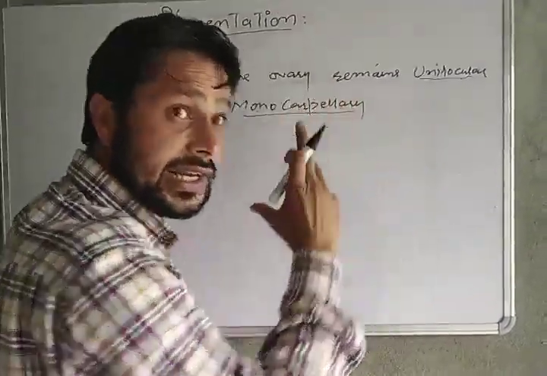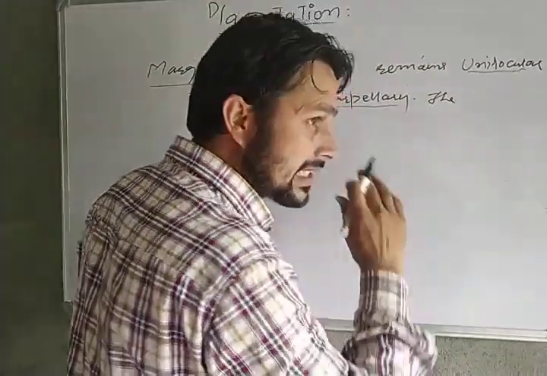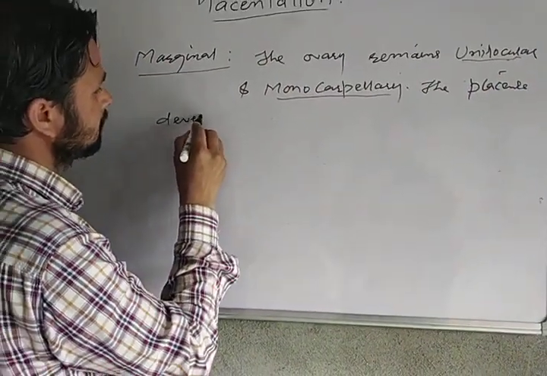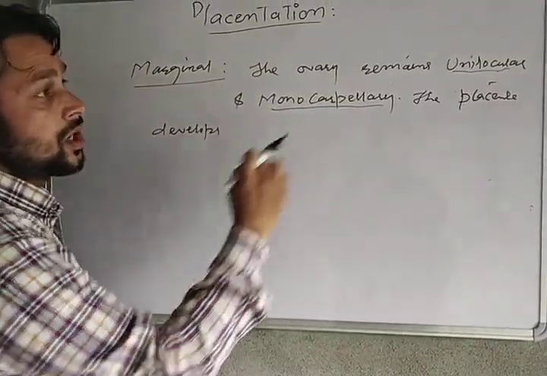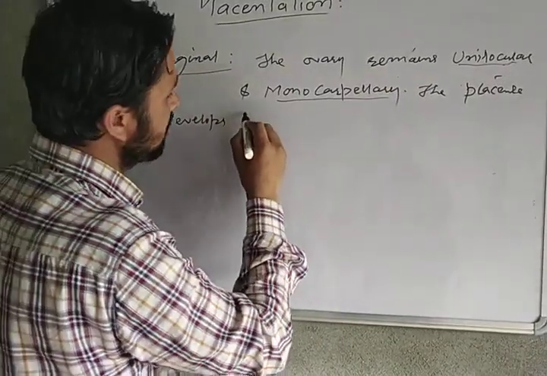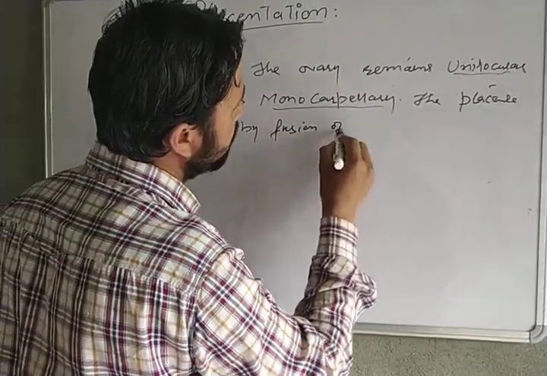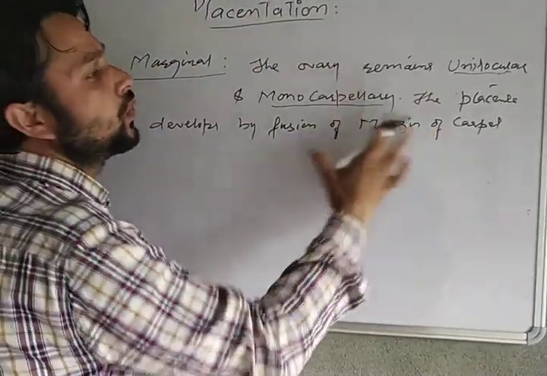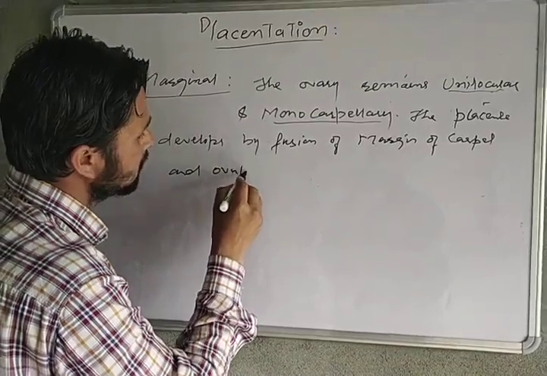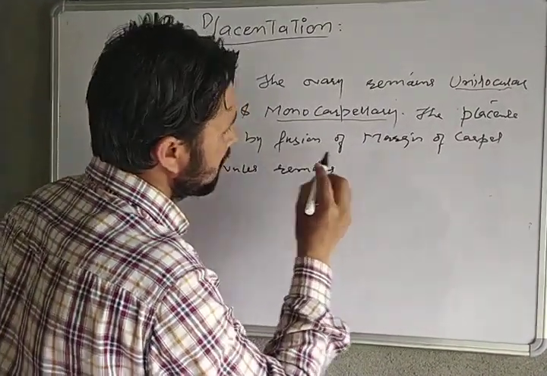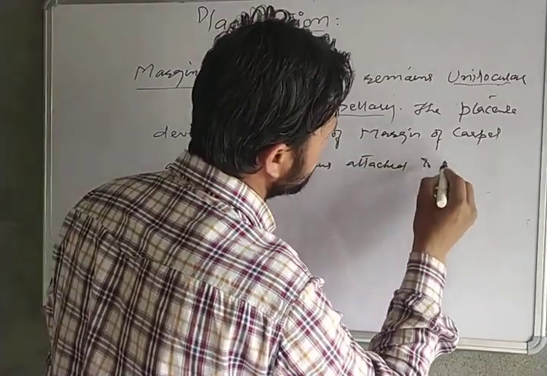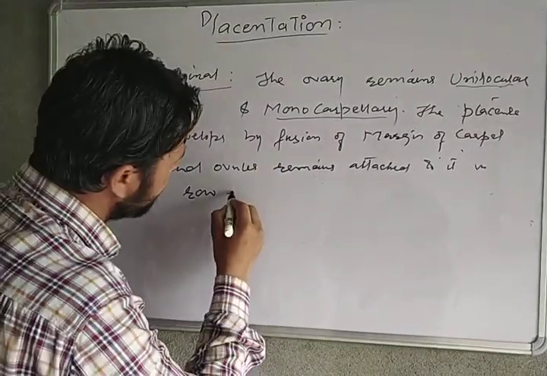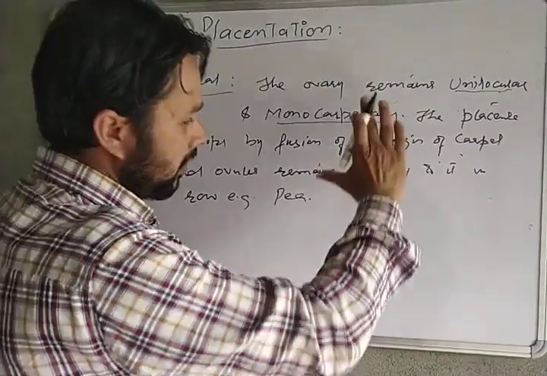Now, how does the placenta develop? The placenta develops by fusion of the margin of the carpel, and the ovules remain attached to it in a row, for example pea.